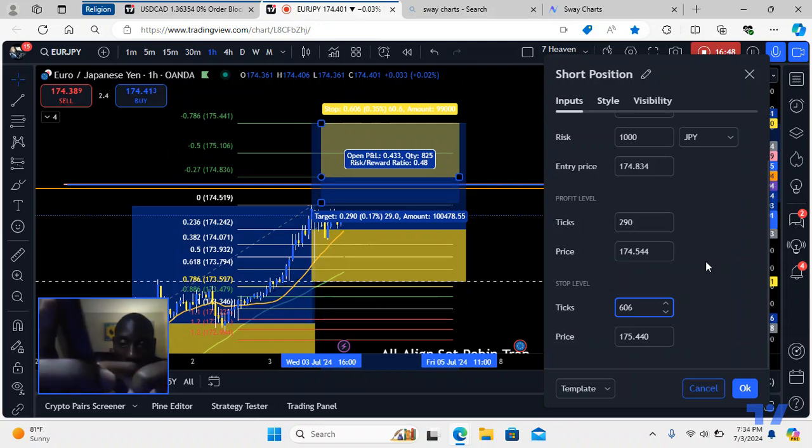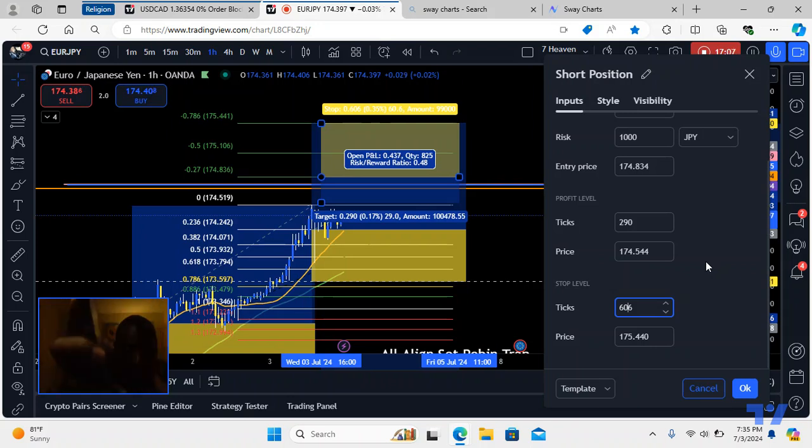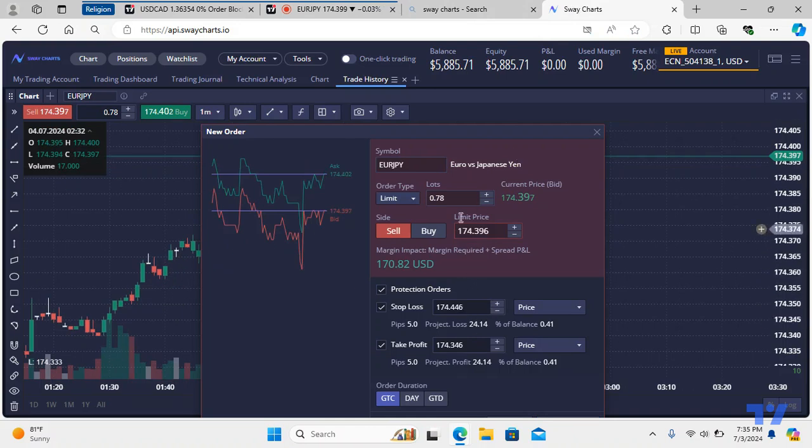Our position size, the standard lot, says 0.539. So I'll round it off on that 9, and so it's 0.54 lots is what I'm going to use, right? So I can put in here 0.54 lots.